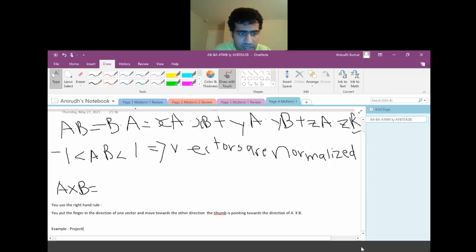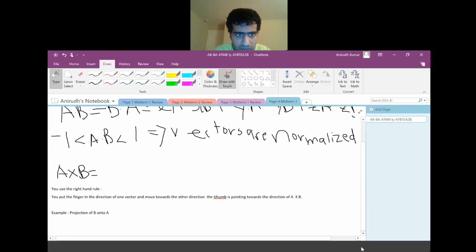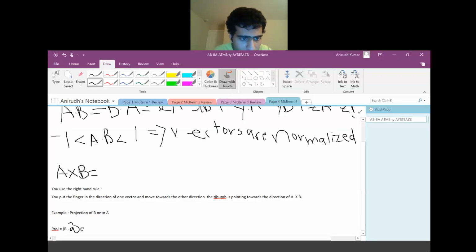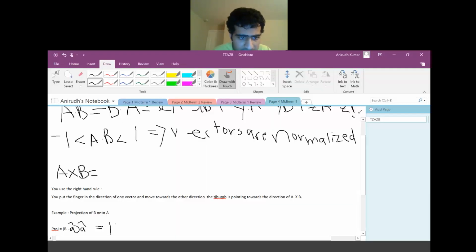The other thing you need to remember is the projection of B onto A. The projection is equal to B dot A, I'm going to switch to my pen now, multiplied by the direction of A cap, which will be equal to the magnitude of B dotted with the magnitude of A times cosine theta.